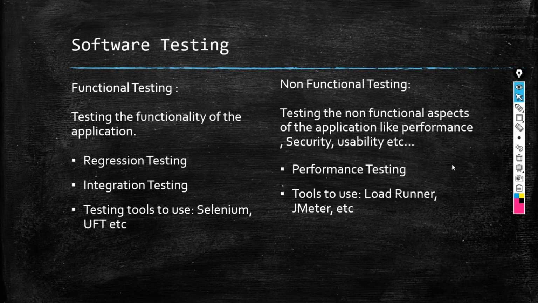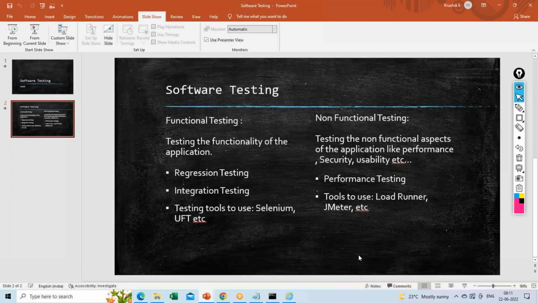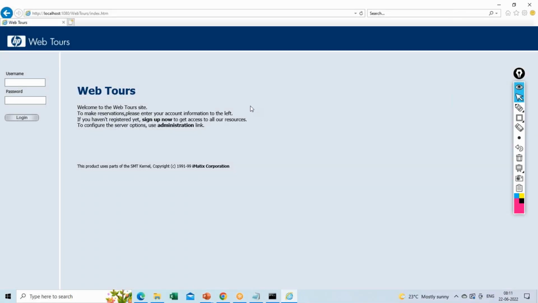If I take an example of a particular application, let's say this is a sample application, and I ask you to test the login functionality, how do you test it?